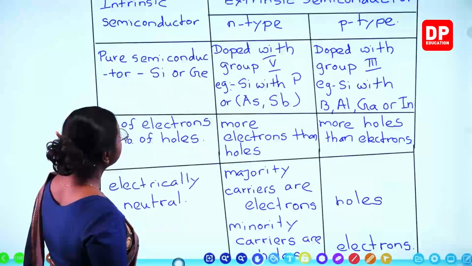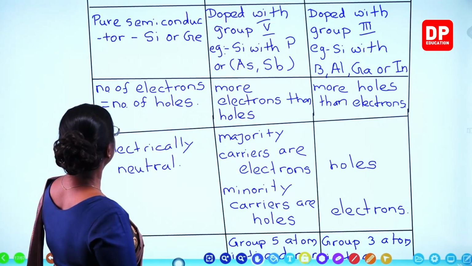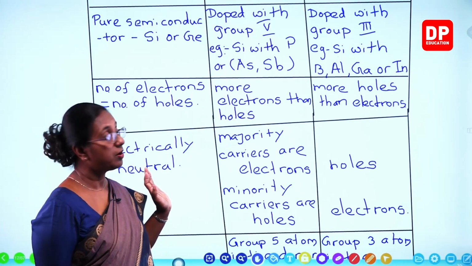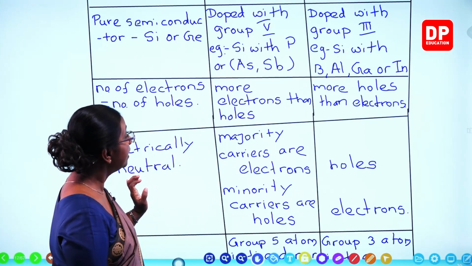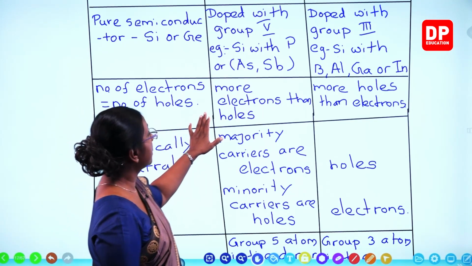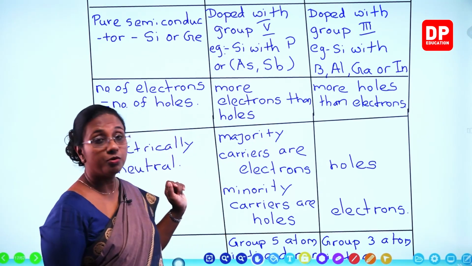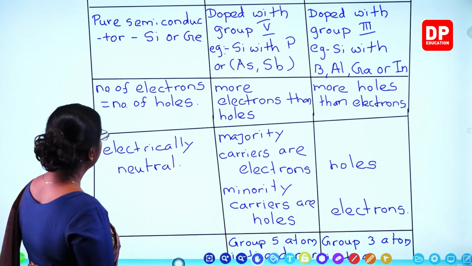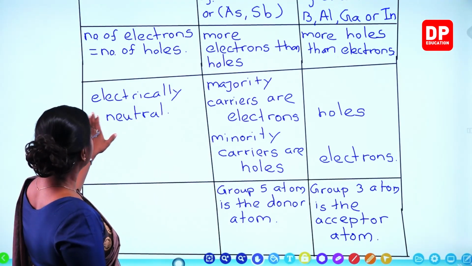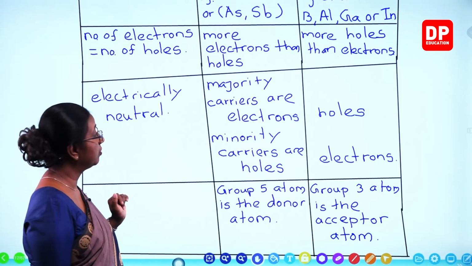Then, if you look at the number of electrons and holes, in an intrinsic semiconductor, number of electrons equals number of holes. But in N-type semiconductors, that is extrinsic semiconductor, there are more electrons than holes, whereas in P-type, there are more holes than electrons. And if you look at the intrinsic semiconductor, they are electrically neutral. Why? Number of electrons are equal to number of holes.